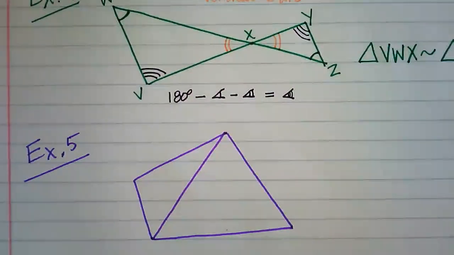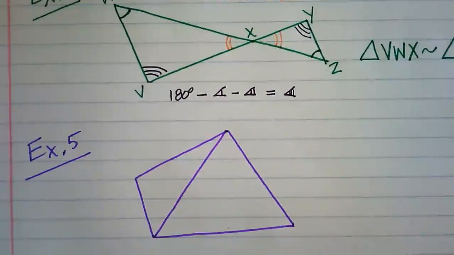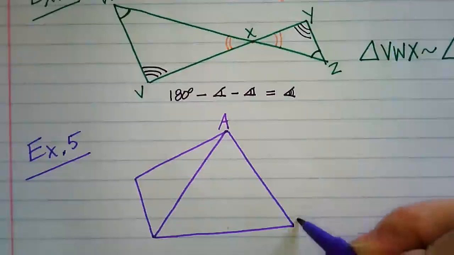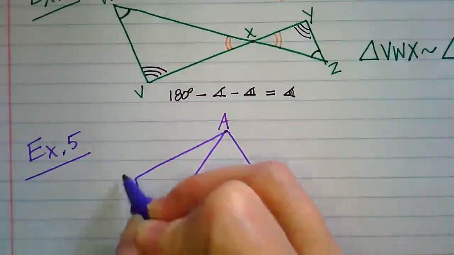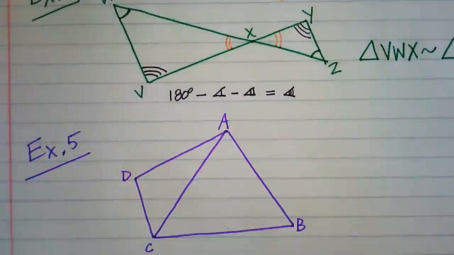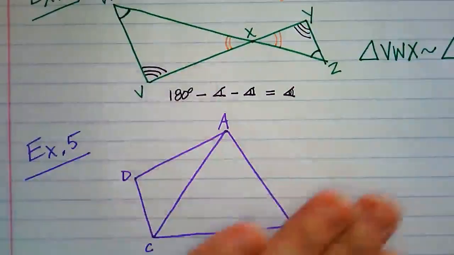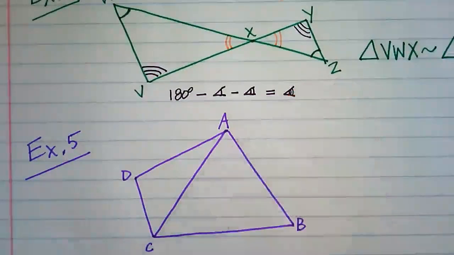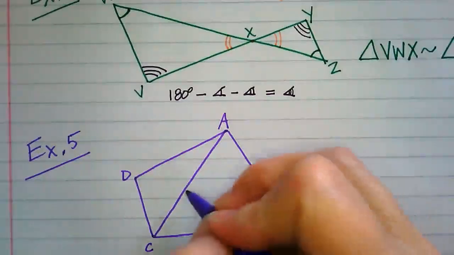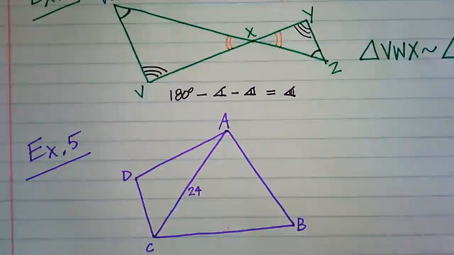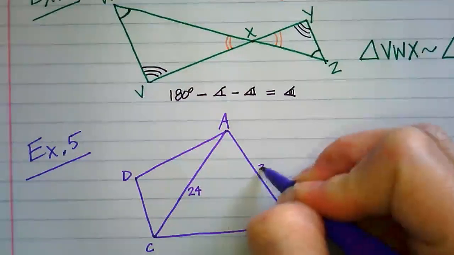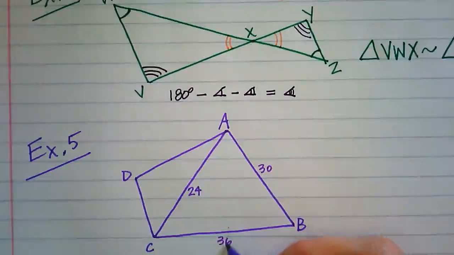Okay, well, we'll just pretend. I'm going to call this A, B, C, and D, and hopefully you can see that there's a triangle right there, and then there is the triangle right there. So those are the two triangles that we are going to look at to see if we can match them up to be similar. Okay, let's say this one's 24, 30, and 36.